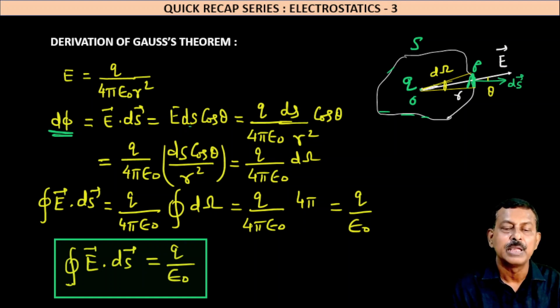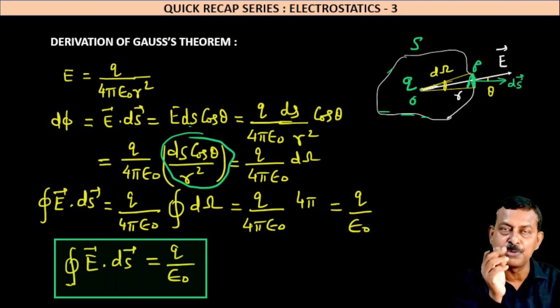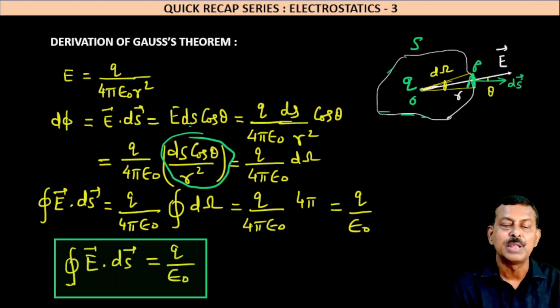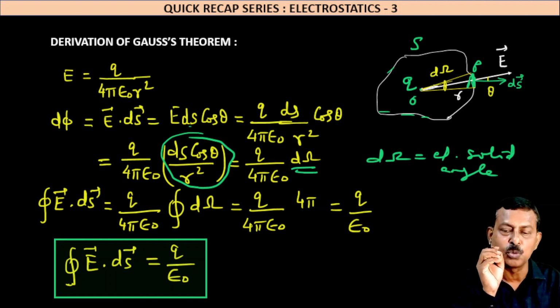Now, this ds cos theta will give the normal elementary area about the point P. So this ds cos theta by r square is your d omega. This d omega we take as the elementary solid angle, subtended at the point O here.